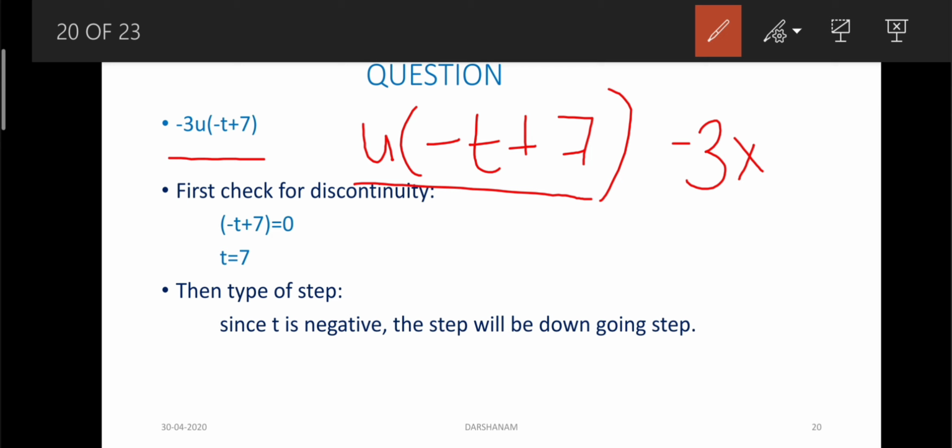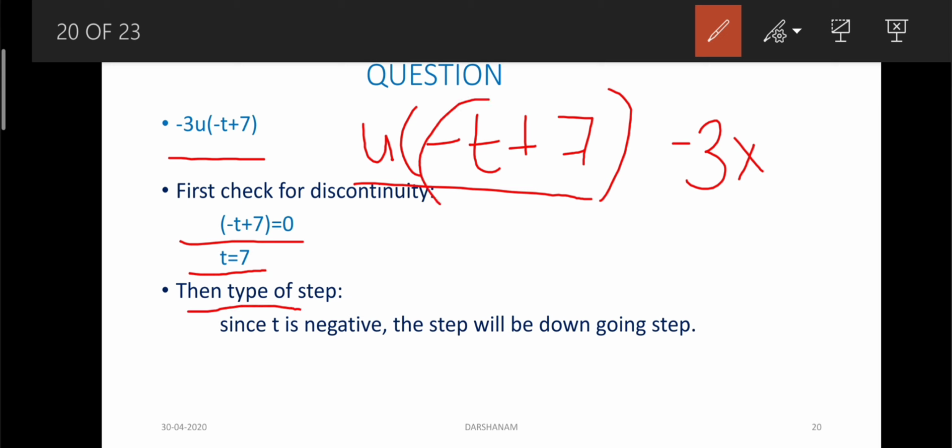First, check for the discontinuity. For checking the discontinuity, I have said to put the term inside the bracket equal to 0, that is minus t plus 7 is equal to 0. So t equals 7. At t equal to 7, the discontinuity will be. Next, the type of step.